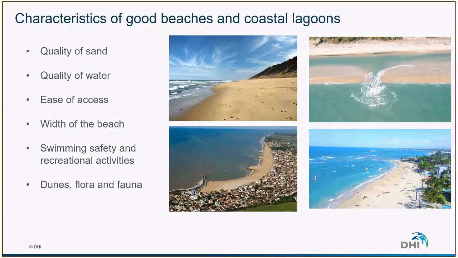Then the swimming safety and the recreational activities that are available in this area are also important. We want to be able to go and swim safely, so avoid rip currents, as illustrated in the top right picture. And finally, the dunes and flora and fauna around the beach are also something that make a beach a bit better than another.